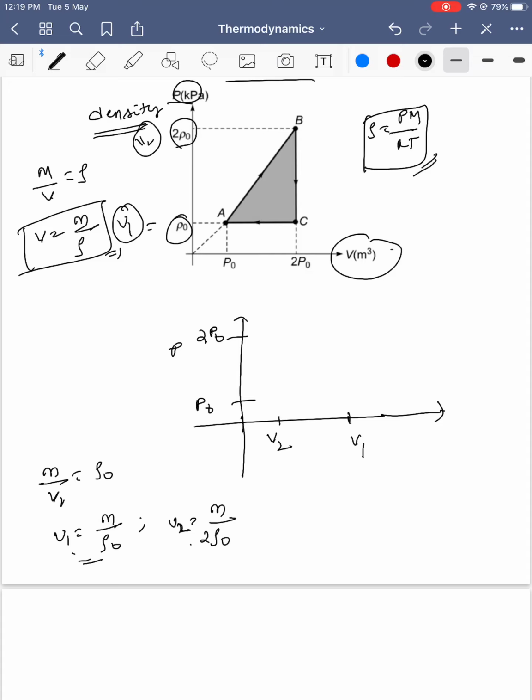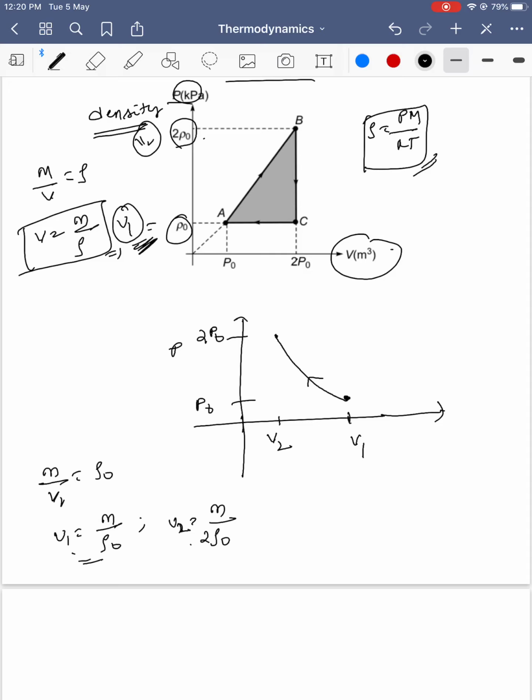Initially pressure is P0, volume is V1, so P0 V1, from here to 2 P0 V2, so it is here. The process is isothermal, so it's going to be like this. Compression, volume is going to be compressed.